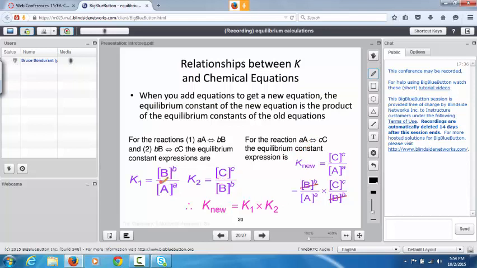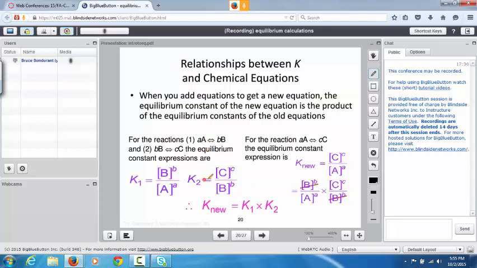So if I have here AA goes to BB and BB goes to CC, then I have K1 as B to the B power over A to the A power, and K2 is C to the C power over B to the B power.